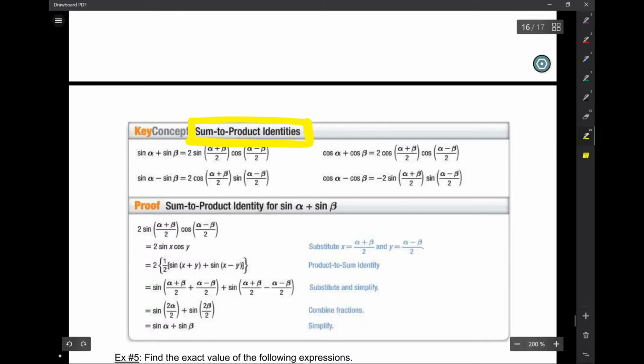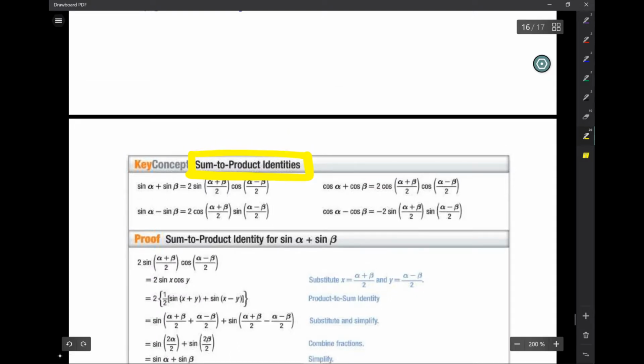It has to look like this: sine of an angle plus another sine of a different angle, or minus. It could be sine plus sine, sine minus sine, or cosine plus cosine, cosine minus cosine.